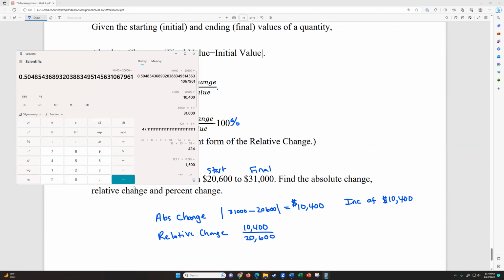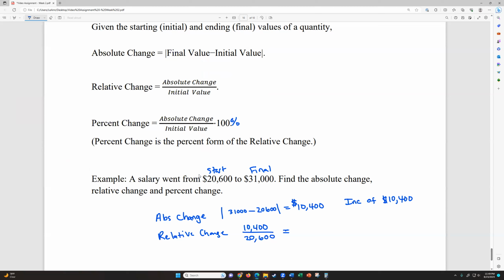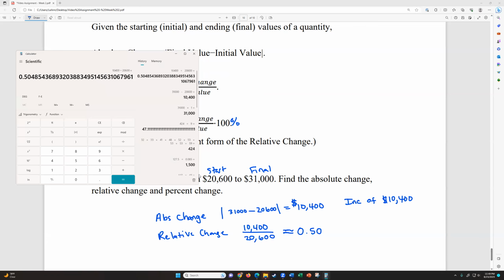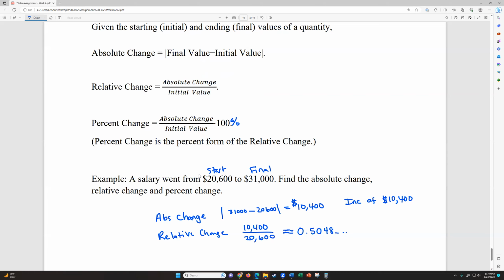And I'm going to round this to 3 decimal places here because I usually round my percent change to the nearest tenth of a percent. But you might see 100th of a percent in Newton too, so just be wary. So I'm going to write that this is approximately 0.504.